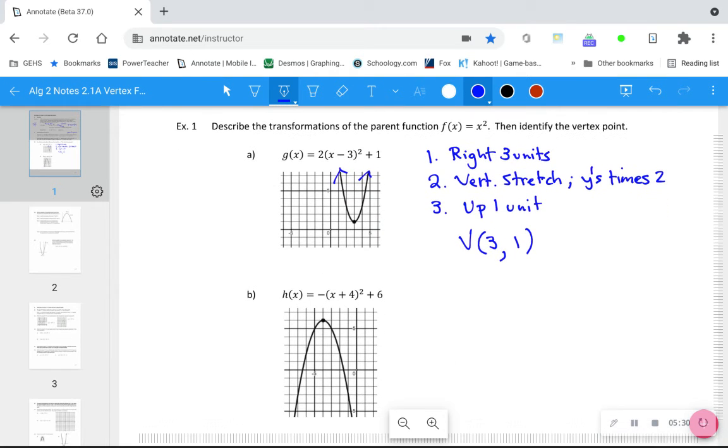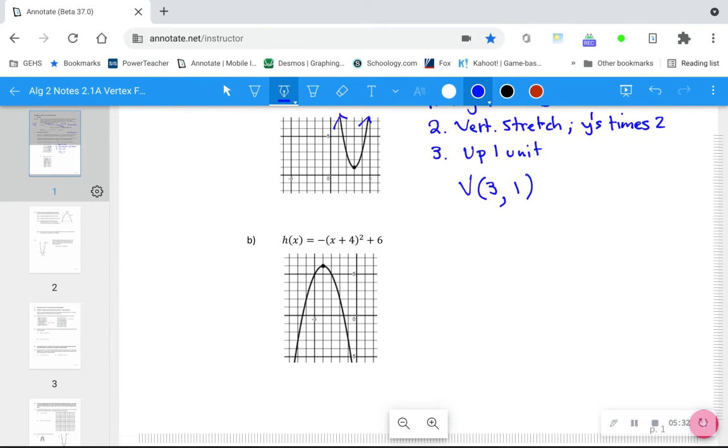Okay, similar exercise down here. Inside first, that's left 4 units. Remember, adding makes it go to the left. And the second thing is this negative sign on the outside, and that's really like multiplying by -1, and it has the effect of a vertical reflection.